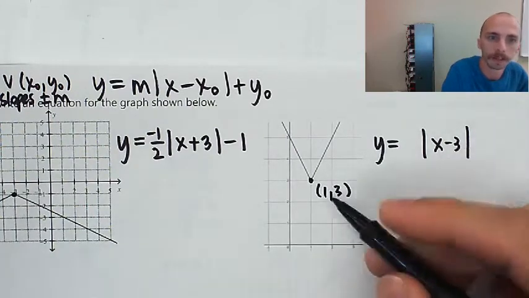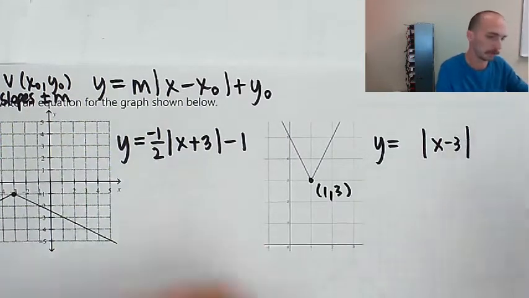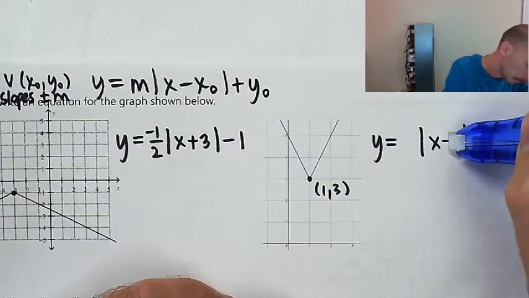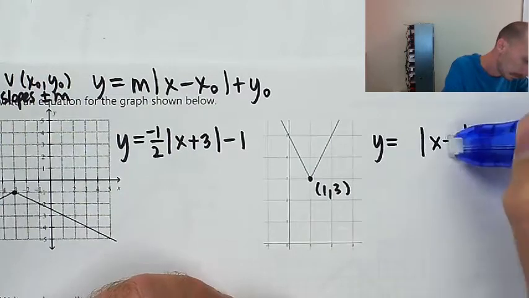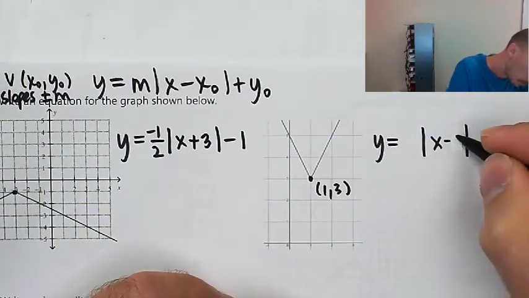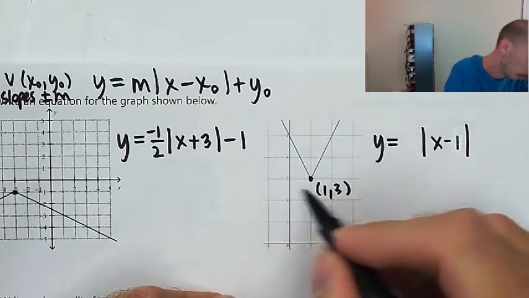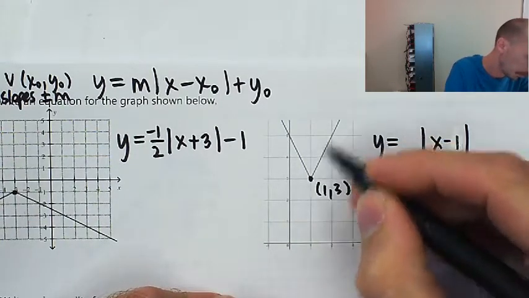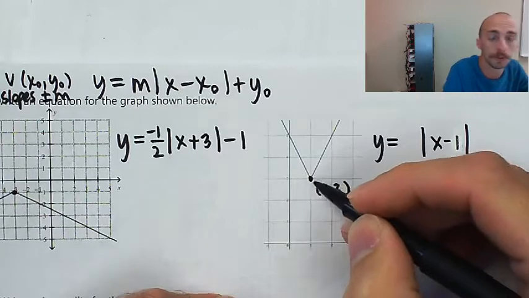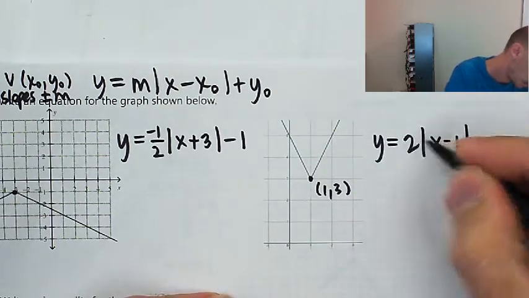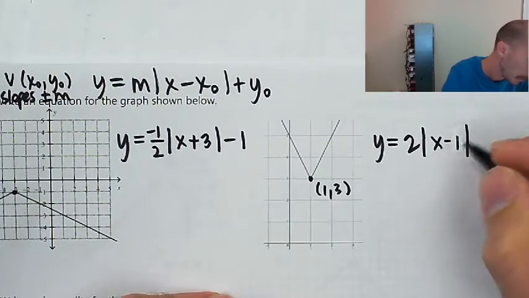I plug in x equals 1, so that would be x minus 1. The slope is 2 and -2. But it's opening up, so I'm going to use +2 as my slope multiplier.